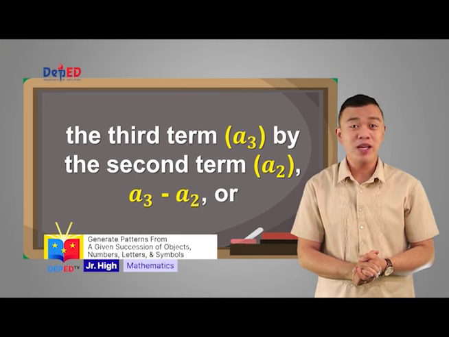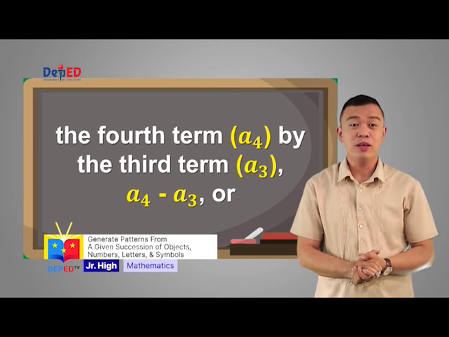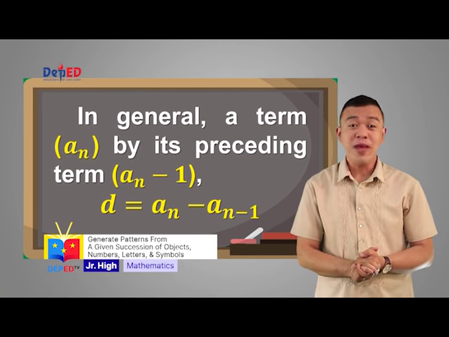That's a sub 3 minus a sub 2, or a sub 4, the fourth term, by the third term, or a sub 3. That's a sub 4 minus a sub 3. Or, in general, a term, or a sub n, by its preceding term, that's a sub n minus 1. The common difference is equal to a sub n minus a sub n minus 1.